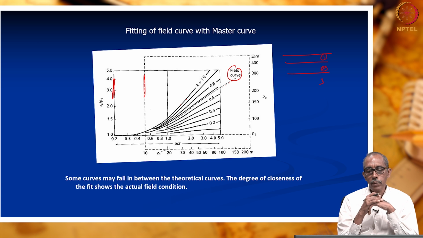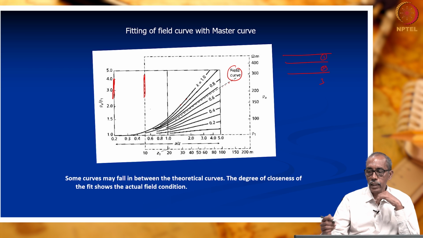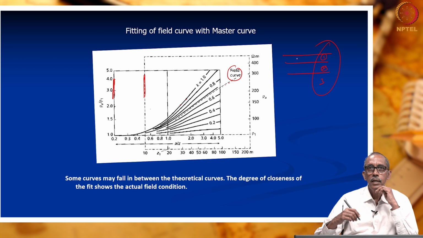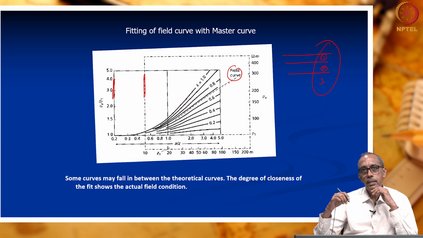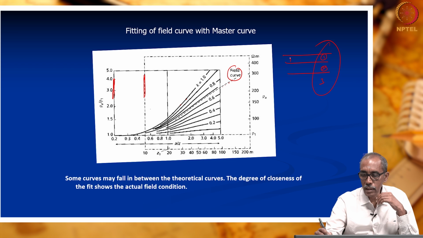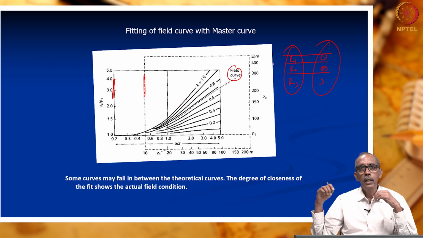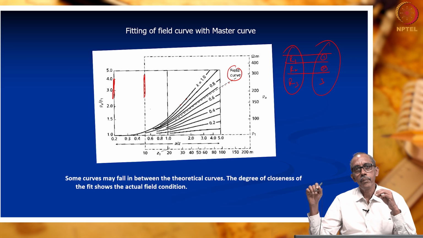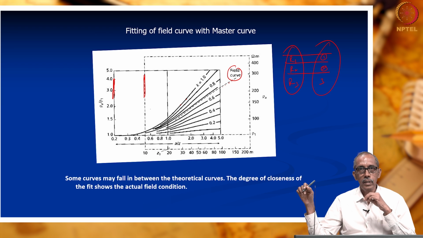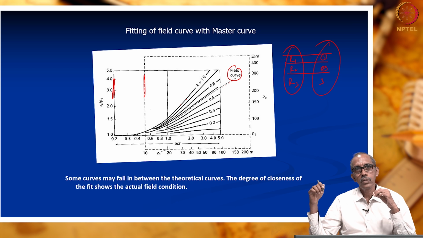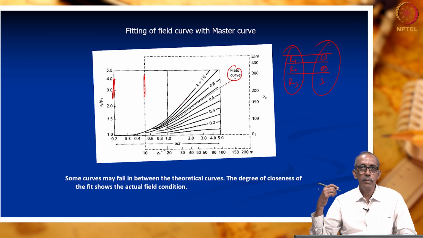Now, we got the best matched position. From the best matched position, we can determine the thicknesses of layers, and whatever resistivity we have assumed is also likely to be the same for the site where we conducted the resistivity survey. Okay. So, this is the curve matching method.